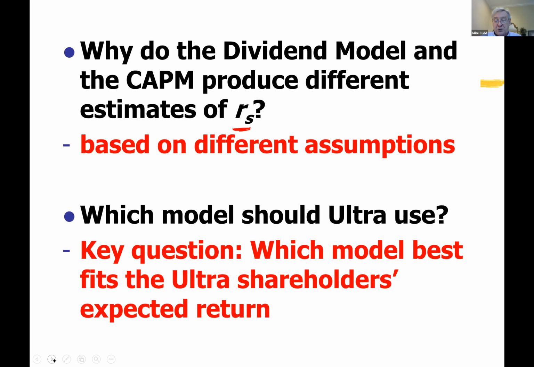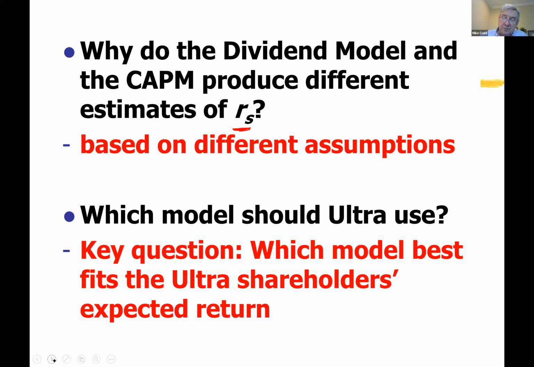Should figure out which model it feels best fits its shareholders. Utility companies tend to use the dividend model. They're the primary dividend paying companies. A lot of other companies will use either the CAPM or some variation of it.